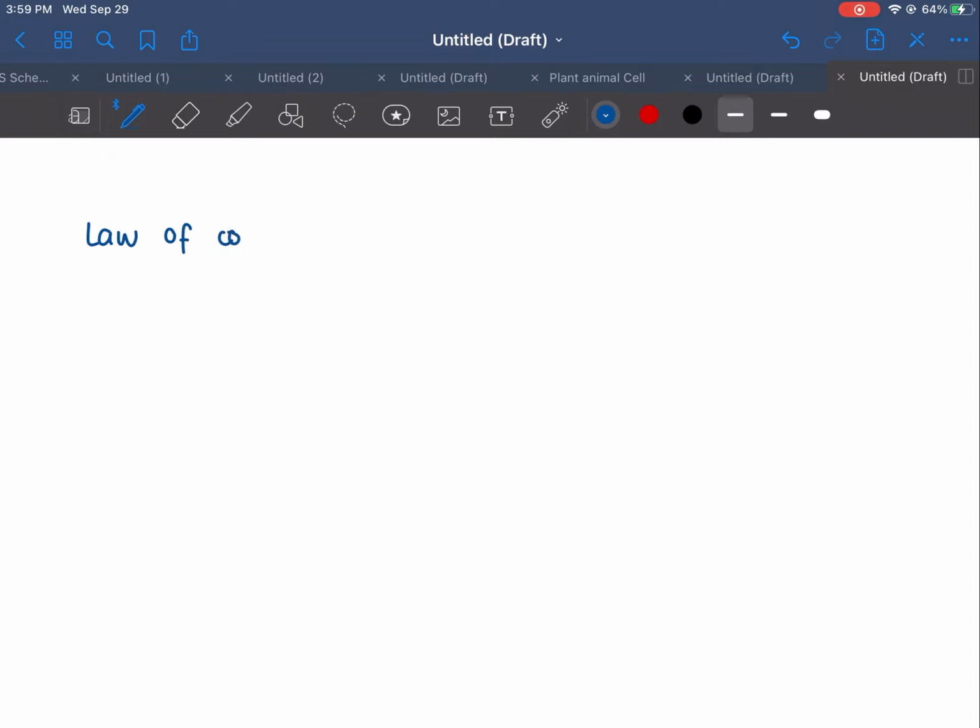Make sure you review everything, please. The one thing I'm going to look at is the law of conservation of mass. For this concept, always remember that the mass of your reactants is the same as the mass of your product. Both sides should be equal.